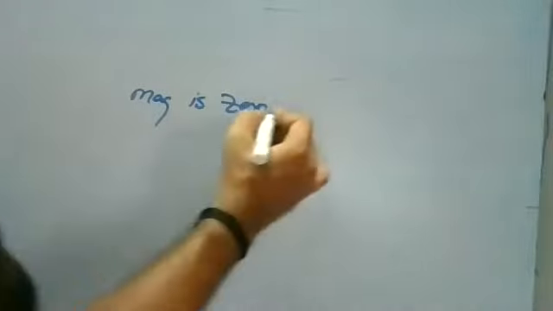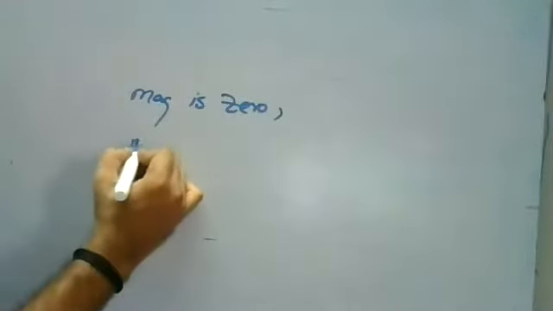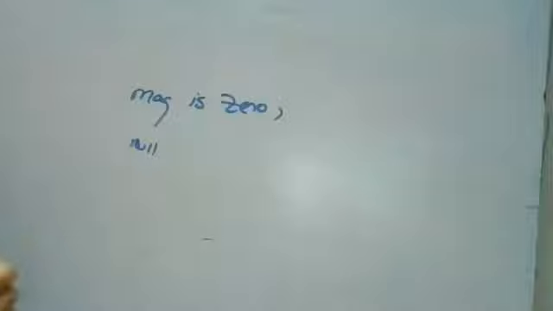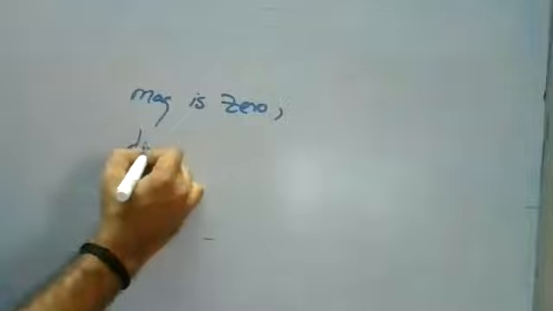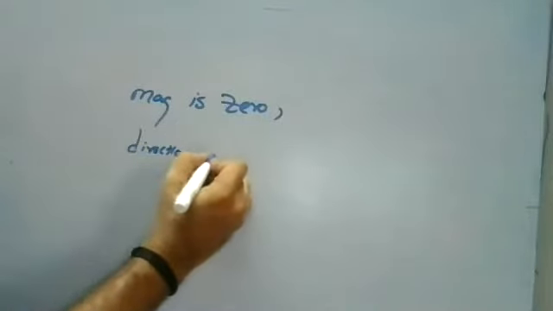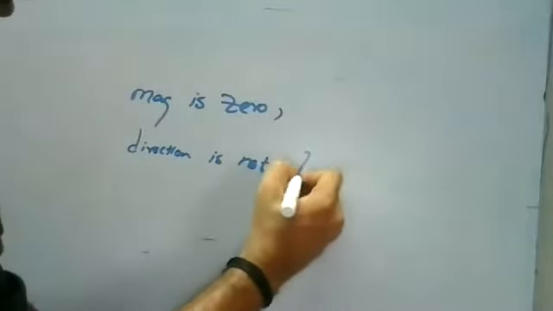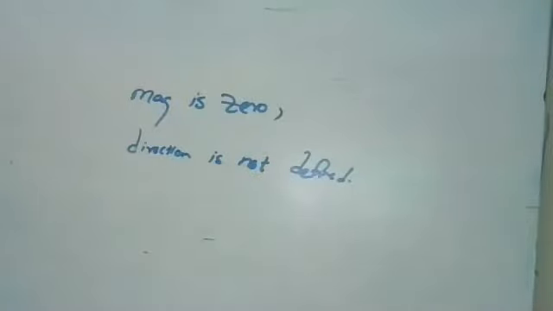Under zero magnitude there is null deflection, so there is no proper direction. We cannot identify the direction. Direction is not defined, so it is a zero vector or null vector. Next one is unit vector.